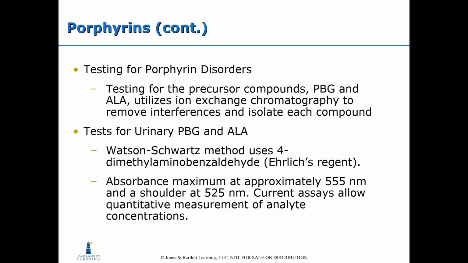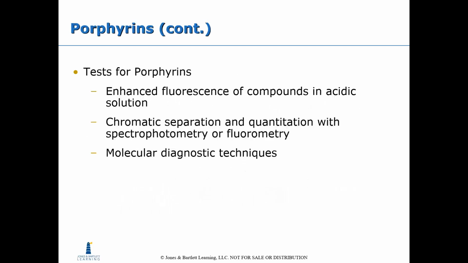Current assays allow quantitative measurements of analyte concentrations. Other tests for porphyrins enhance fluorescence of compounds in acidic solution, chromatographic separation and quantitation with spectrophotometry or fluorometry, and molecular diagnostic techniques.